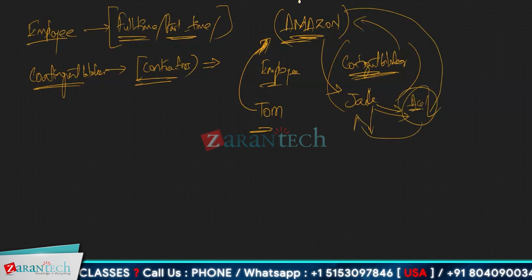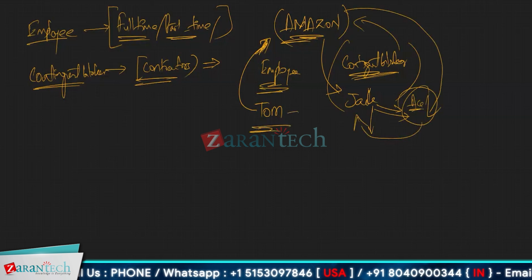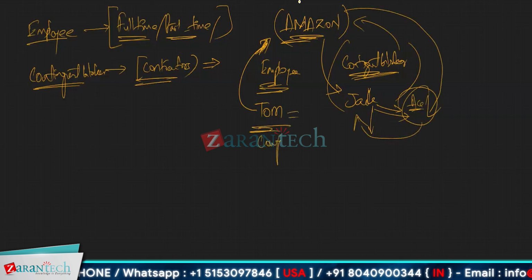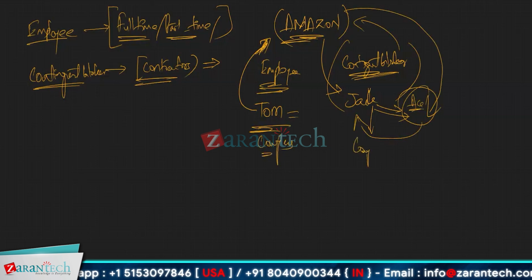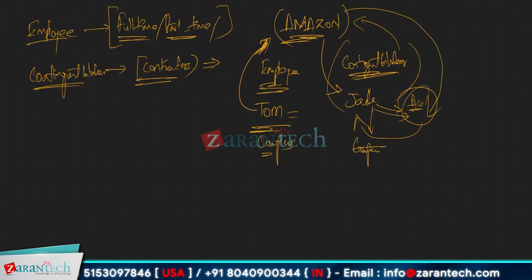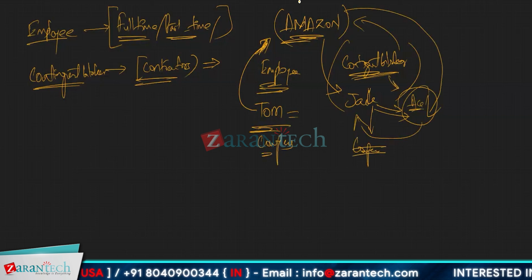When you look at an employee in Amazon, you will see that Tom will have all the details, including their compensation details, whereas a contingent worker will not have those compensation details at all, because for a contingent worker, it is their payroll company who makes those compensation payments and handles the payroll.